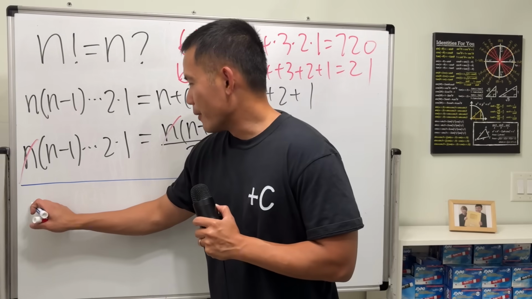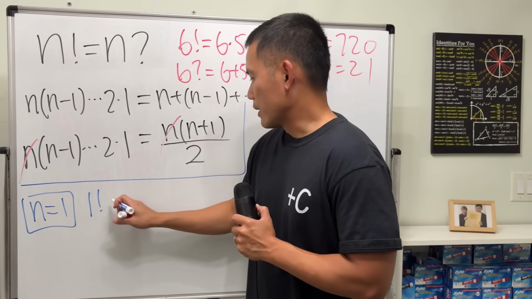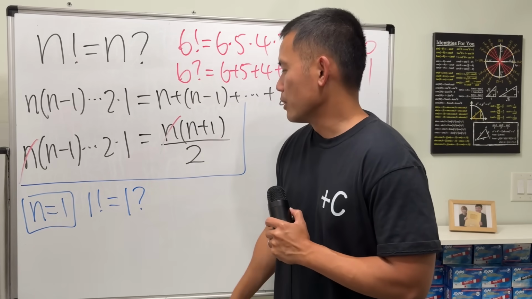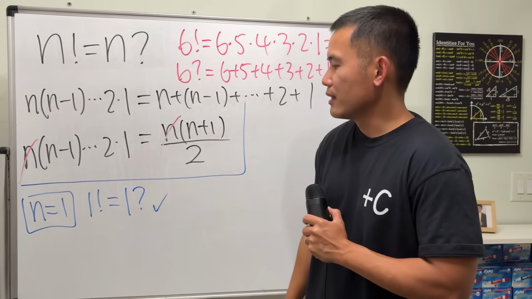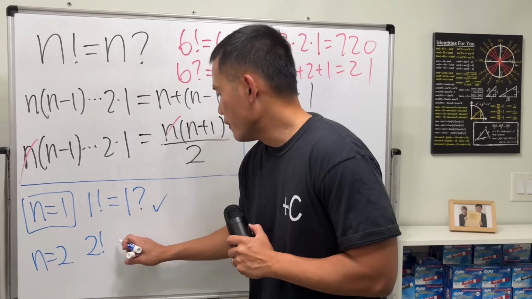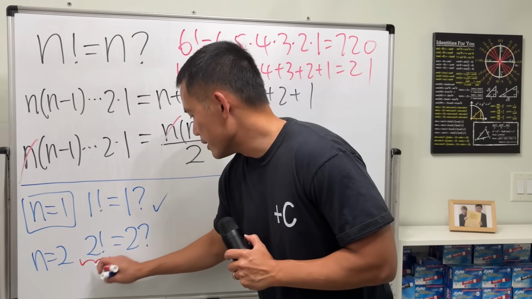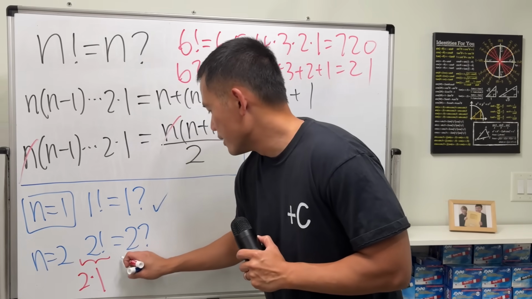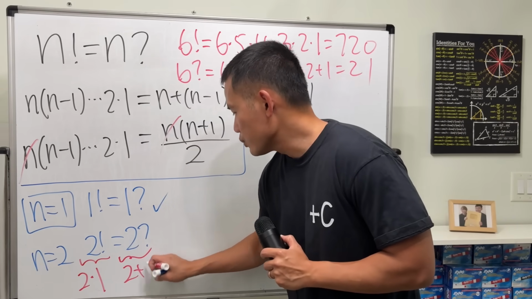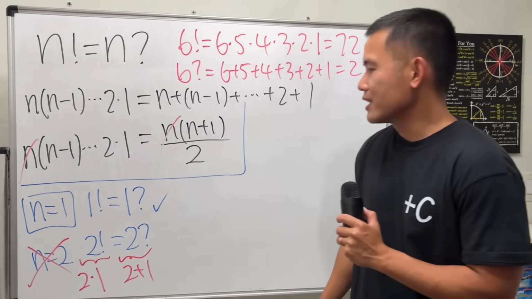So here's the deal. n equals 1 works because 1 factorial is equal to 1 terminal, because 1 is equal to 1. Done. And when n is equal to 2, 2 factorial versus 2 terminal: this is 2 times 1 versus 2 plus 1. Of course, 2 is not equal to 3, so this does not work.